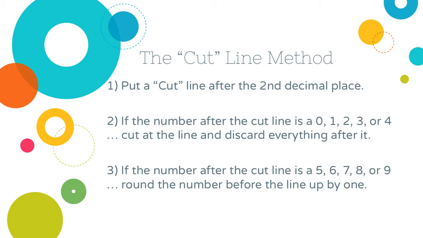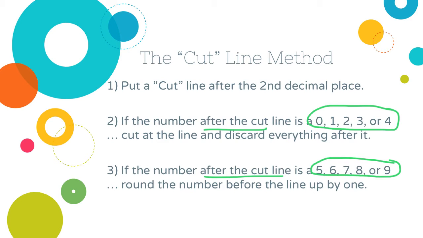Then, if that number after the cut line is a 0, 1, 2, 3, or 4, we're just going to discard everything after the cut line, get rid of it, throw it away, ignore it like it never even happened. If, on the other hand, that number after the cut line is a 5, 6, 7, 8, or 9, that means we need to round up. So the number right before the cut line becomes 1 bigger.